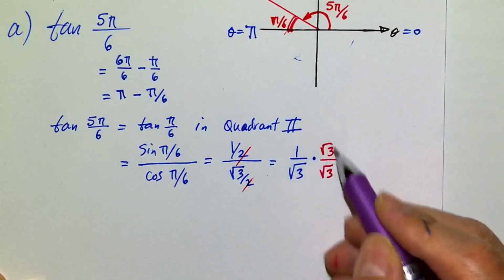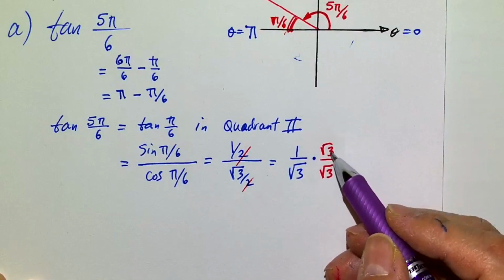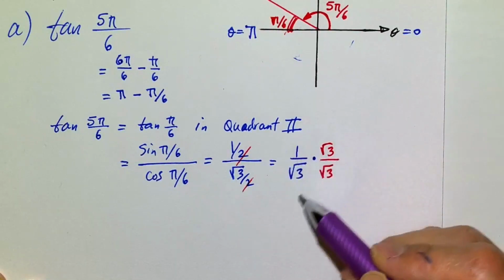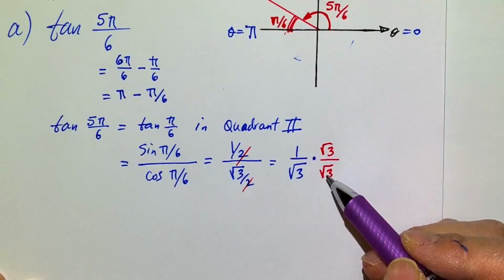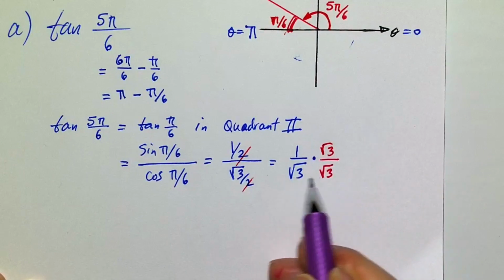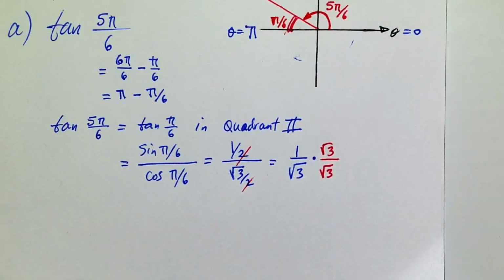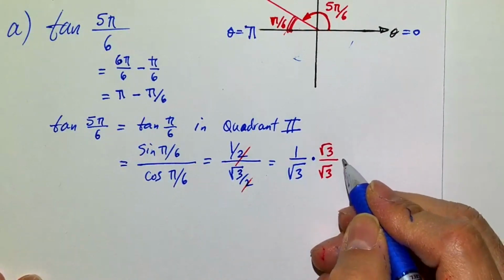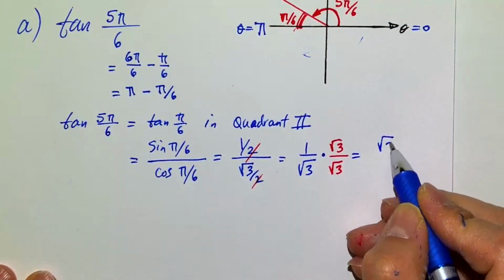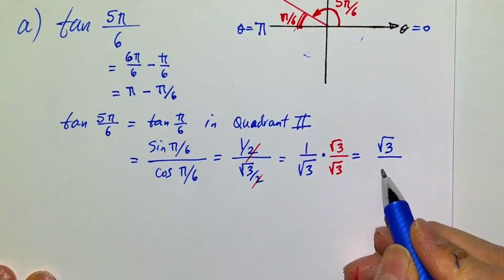So we're multiplying by 1, really, which is important because that means we're not changing this. Anything multiplied by 1 is not going to change. But what we're achieving with this is that we're going to rationalize the denominator, which we learned to do in pre-calculus 1. So this will be square root of 3 over 3.